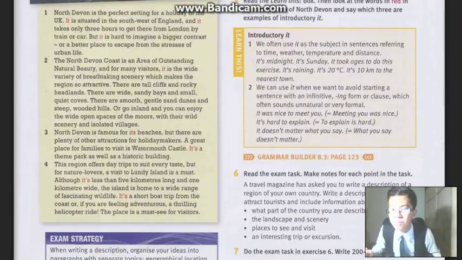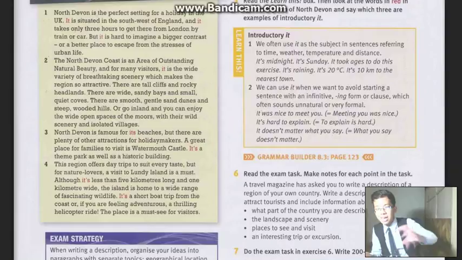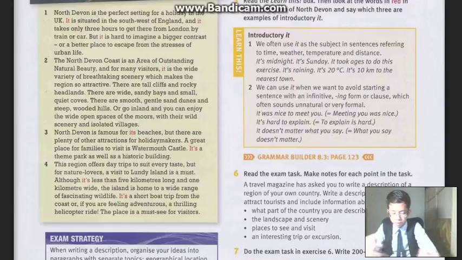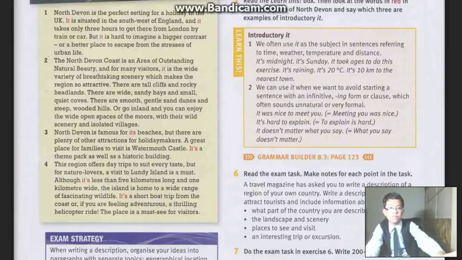Okay, so we have a lot. We just need to find three examples. Don't need to find so much. Maybe we'll choose the three its in paragraph number 1. Maybe it is situated in the southwest of England.